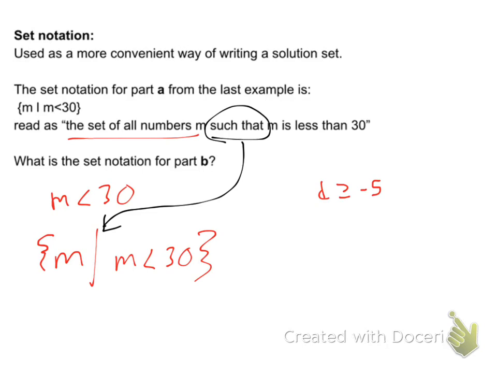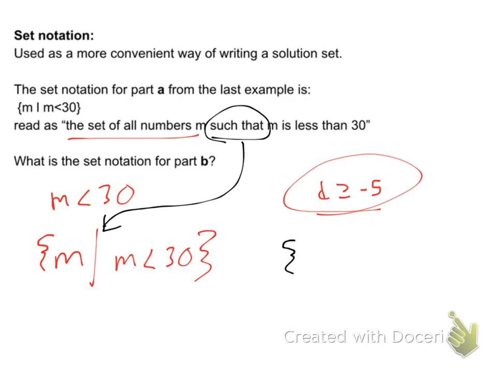So, go out on a limb and do part B here in interval, or set notation, sorry. Set notation. Interval notation is something different. So, what are we going to get? What should this one start off with?